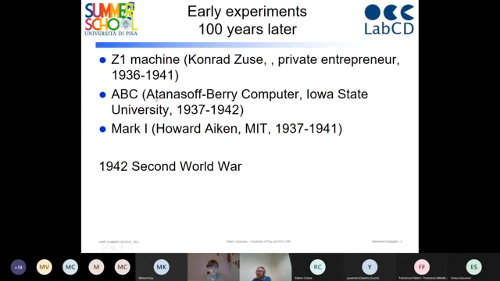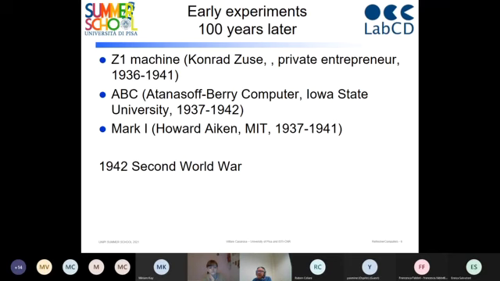Now, I don't know if you know the name, but those were in the United States. Until recently, it seemed that computers had been invented, between quotes, just in the US, because outside of projects like the Mark I in the US, no one really knew of anything else.